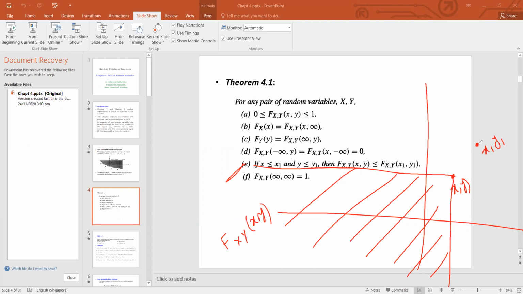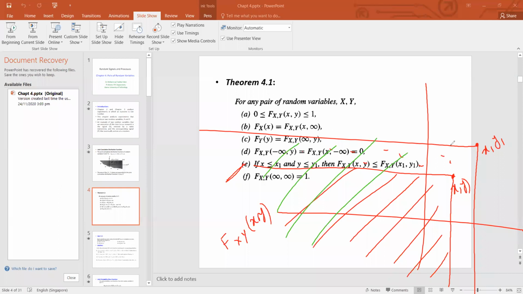When I'm talking about x1, y1, where x1 is more to the right and y1 is more upper side, then the area covered has to be more than the previous area, isn't it? Yes, sir. This area is definitely more than this area.